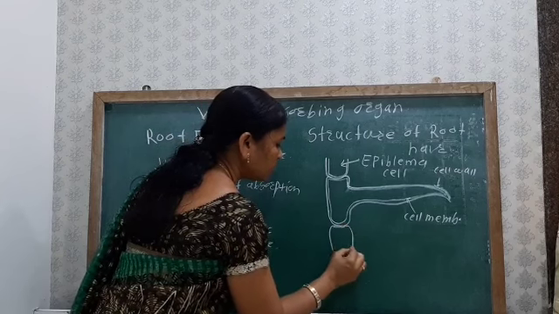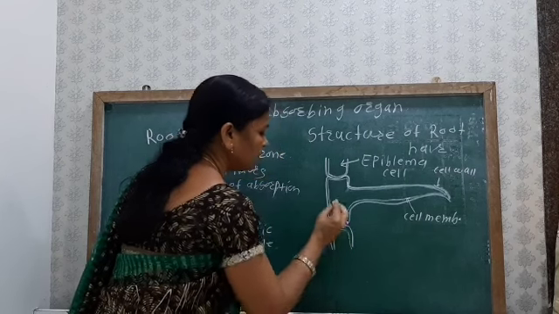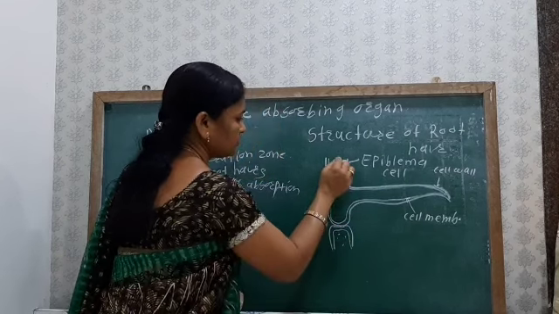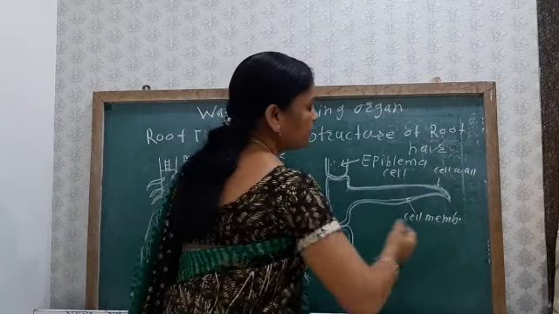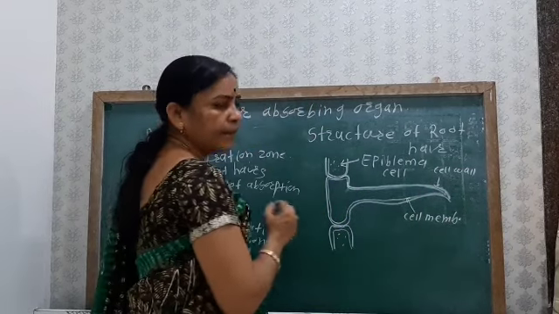Here are also epiblema cells, but one epiblema cell elongates and produces the root hair structure.